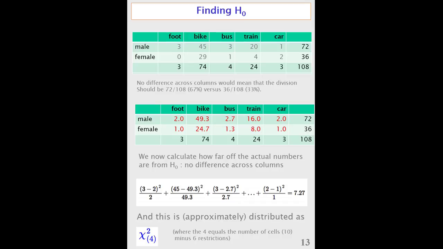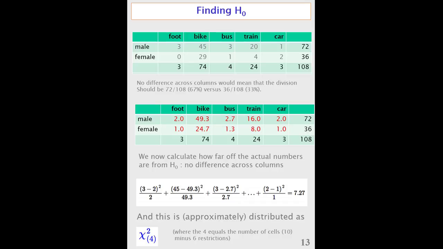And what is going to help us here is that this thing over there, that sum of square differences, about that we know that this is approximately chi-squared distributed with 4 degrees of freedom. Okay, that is not something I want to go into in detail exactly how. You can see it coming sort of, that these squares are squares of standard normals in the long run through the central limit theorem.